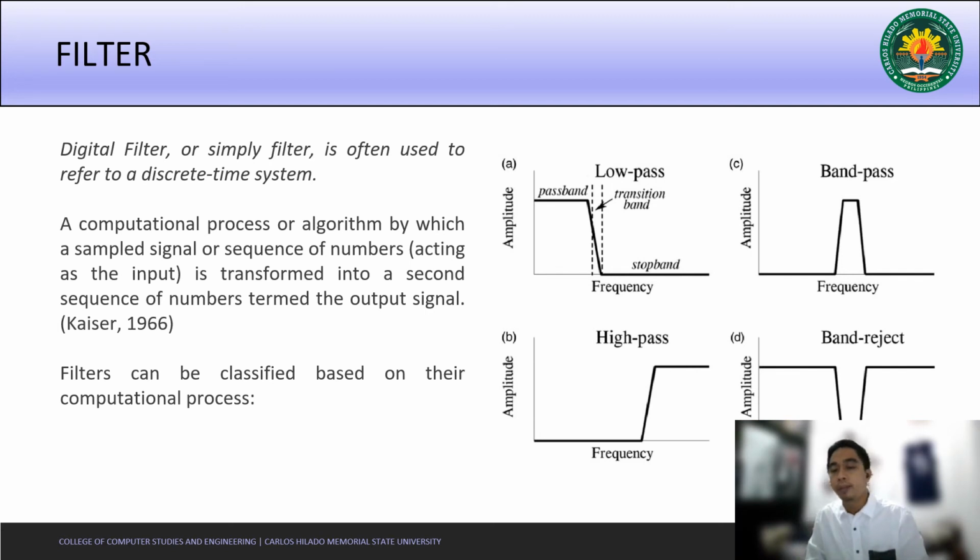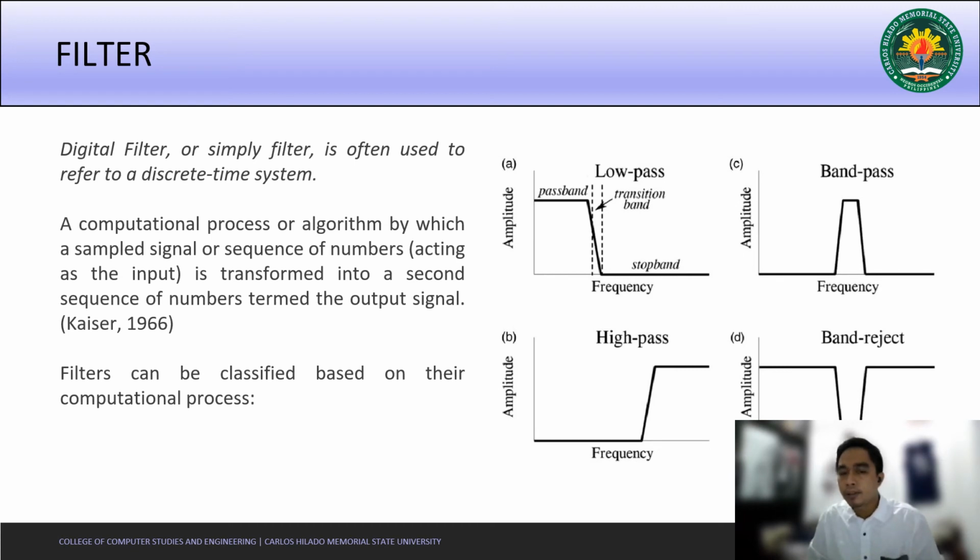We have band reject. There is a specific frequency band that is rejected when this type of filter is used. So the frequencies before and after are accepted, but the specific frequency band will be filtered.